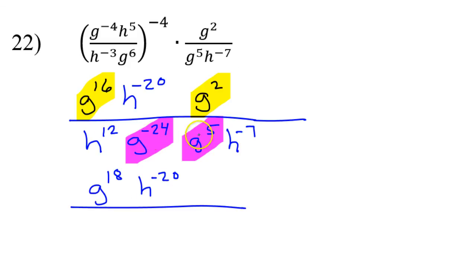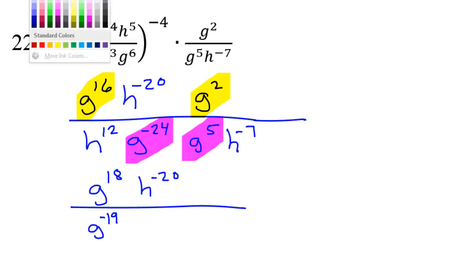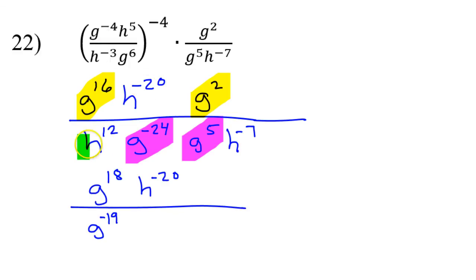So negative 24 plus 5, that's negative 19. So I've got g to the negative 19 power. And then I've got the h's. All right, I'm going to put these h's together. 12 minus 7 is 5. So this is going to be h to the 5th power.